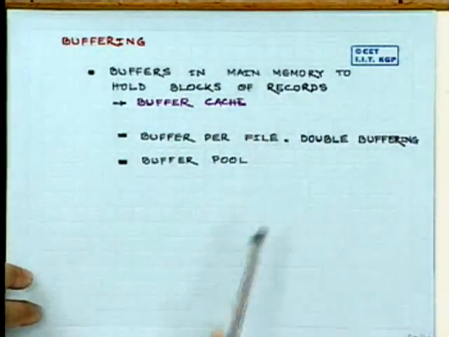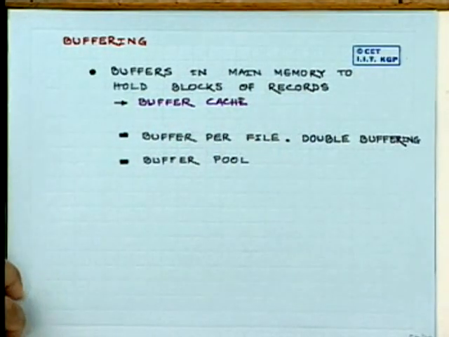Now, second point is the buffering. See, for example, if somebody is asking for a particular logical record from the file system, to fetch that record, a good amount of activity is involved, as I said. The block will be read, and from there, the particular record will be given to the user.